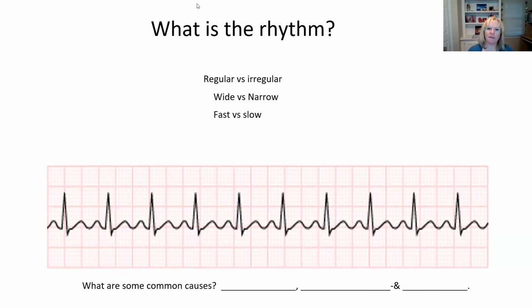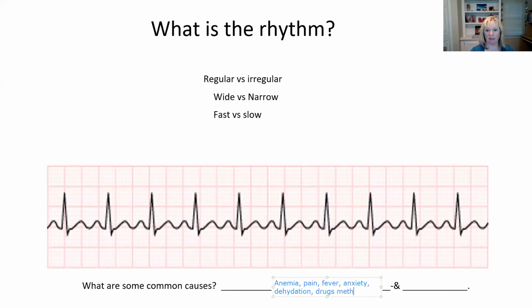And then thinking about some common causes of sinus tach, because the treatment for sinus tach is actually fixing the problem. Some common causes, and you guys can type some in the chat: anemia, pain, fever, anxiety, dehydration.